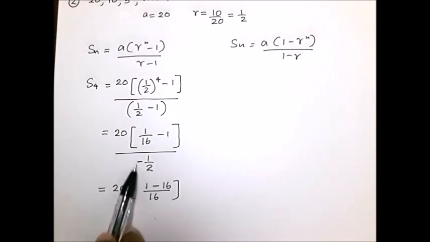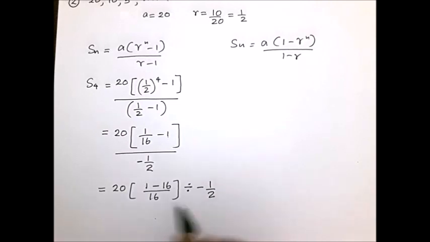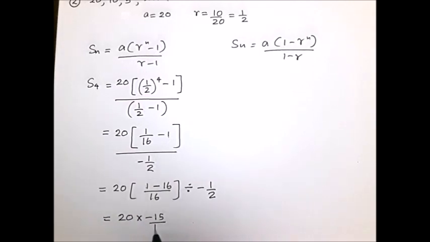Now I am going to write this fraction here. Divide by minus half. Here this division, I am going to write with this symbol. Now 1 minus 16, it is minus 15.